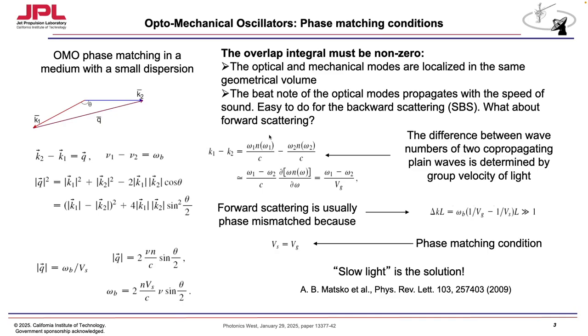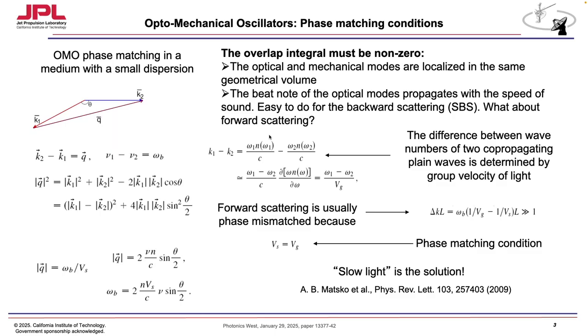With respect to the frequency of the scattering in the bulk, it is usually defined by the phase matching condition. So we have to have k vectors for the scattered light and pump light matched with the wave vector of the sound, and we need matching between frequencies of these harmonics, so two optical harmonics and the sound.